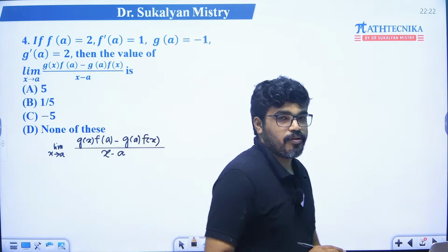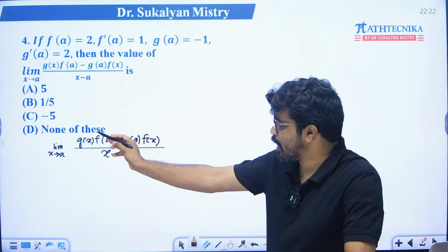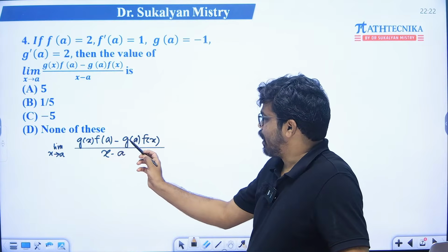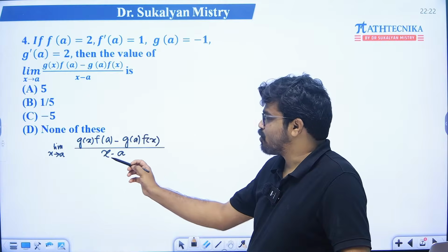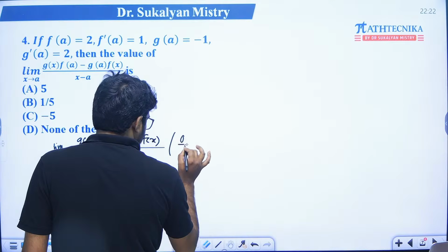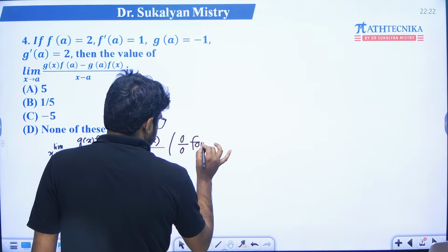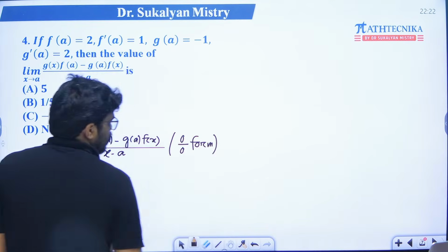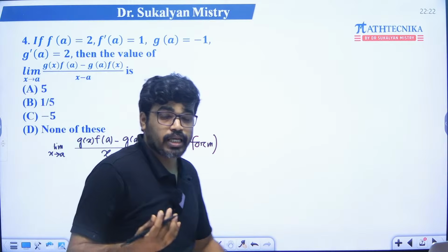Just recall, if you put x is equal to a, so gafa minus gafa, so this is basically 0/0 form.